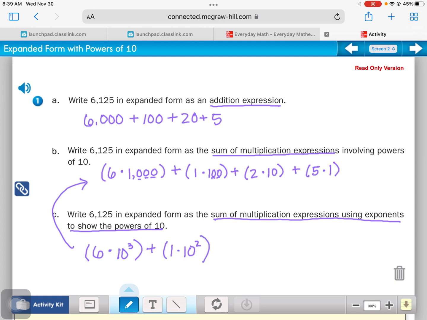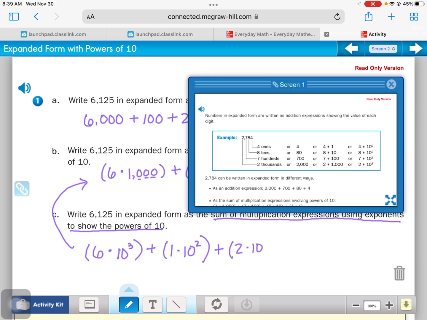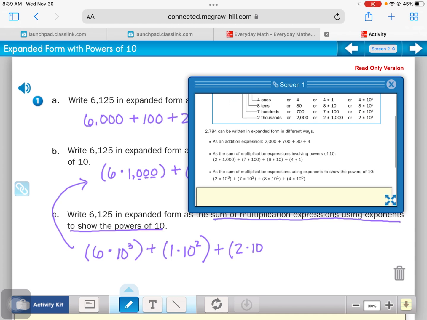2, plus 2 times 10. Now that's kind of funny. I'm not sure what I would put after that. And if I go back and look at this one, it tells me a 1 is what I would put there. So I'm going to put a 1 here.